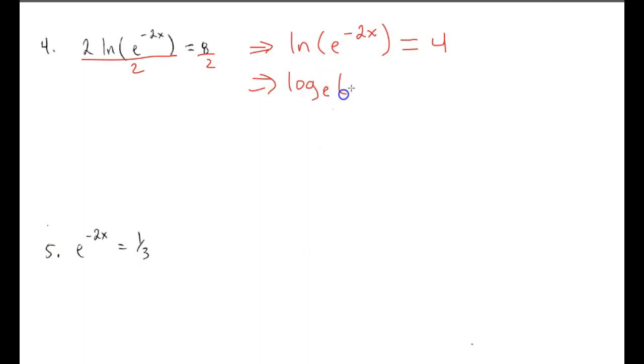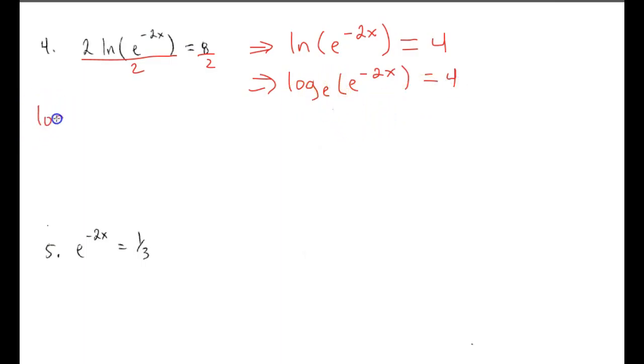For number 4, the easiest thing for us to do here is to first divide both sides by 2. And by doing that, we now just get natural log of e raised to the negative 2x equals 4. And so if you note here, natural log is the same thing as log base e. Now I'm going to explicitly write this out so that you would remember the corresponding property.